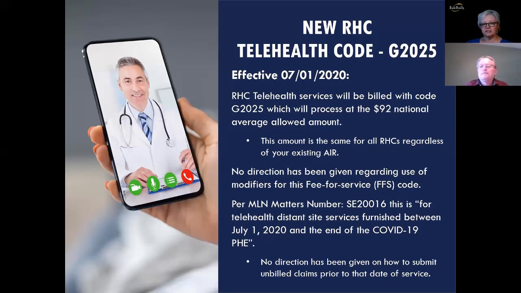There's been a lot of discussion about whether a rural health clinic in a financial situation where they can wait to submit their claims could hold all of those Medicare claims until July 1 so that they pay correctly the first time. We don't have direction yet saying that July 1 they will accept it for any date of service from March 1 on. So we're still waiting for some direction on that.